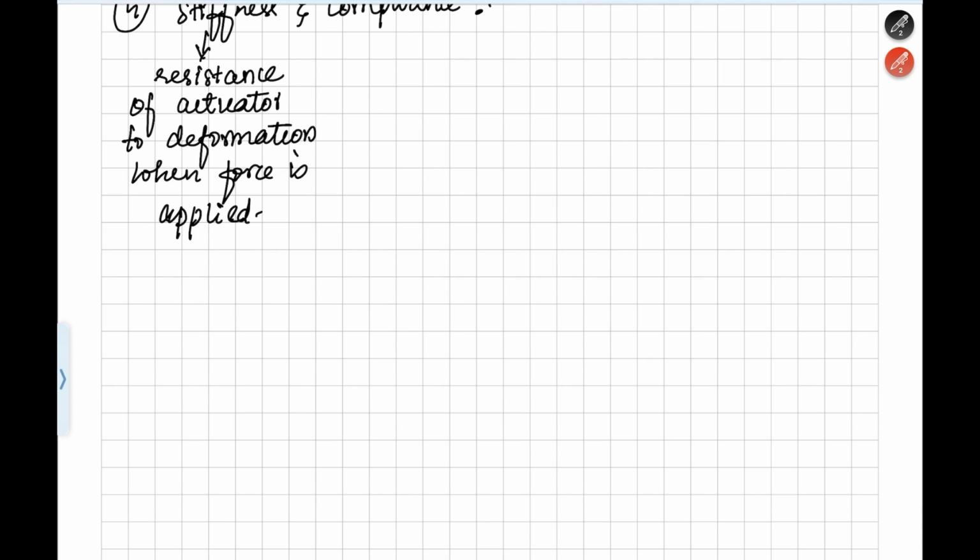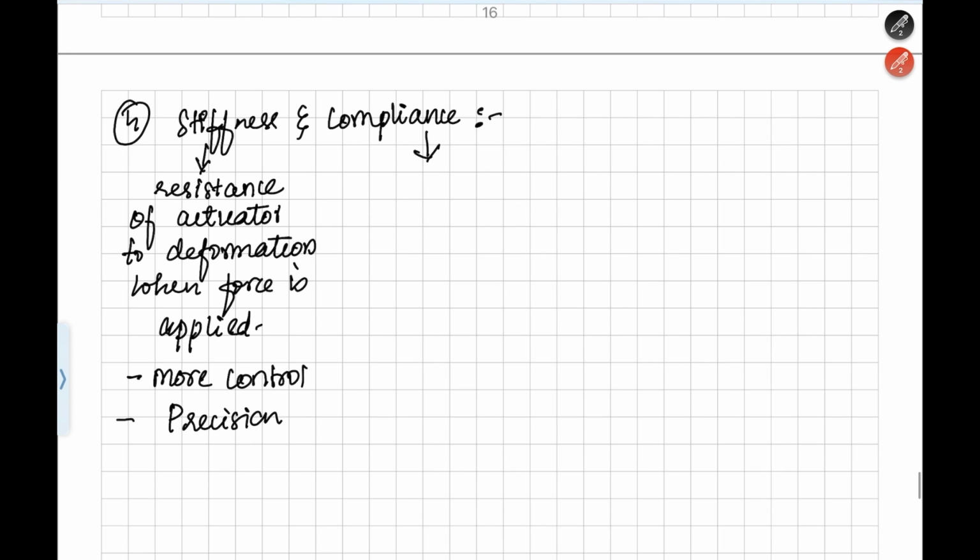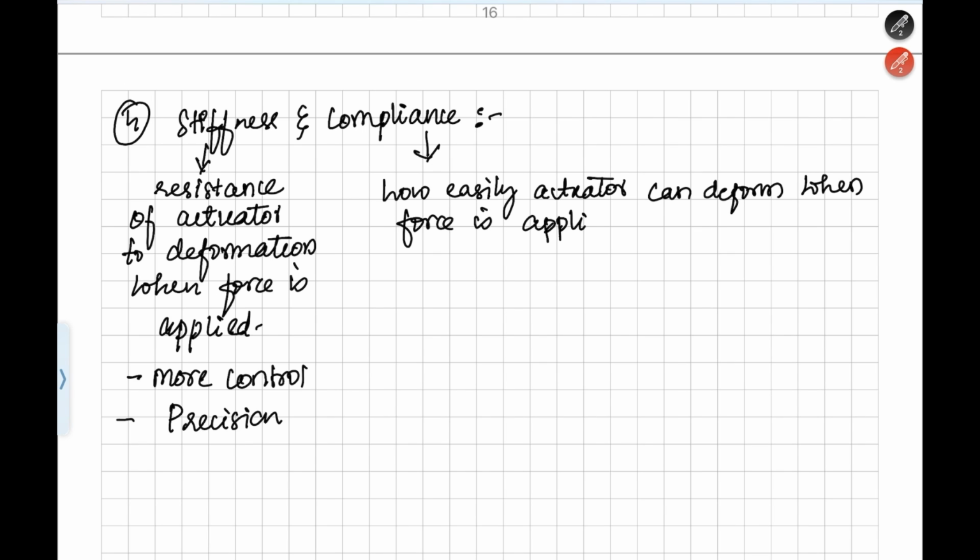We can say that those actuators which are stiff offer more control, and they have more precision because they resist movement under load. Okay, when we speak of compliance, this is the opposite. That is, how easily an actuator can deform when force is applied.